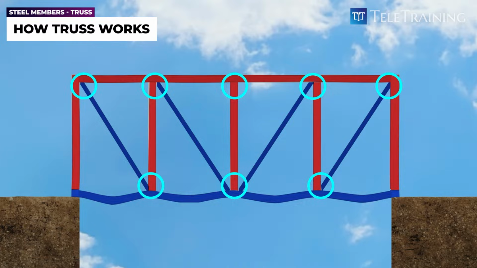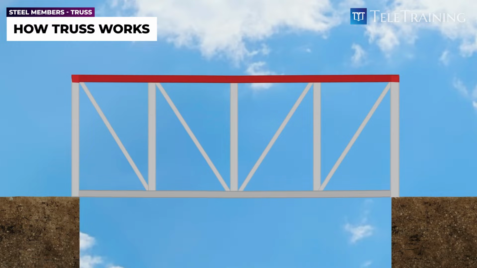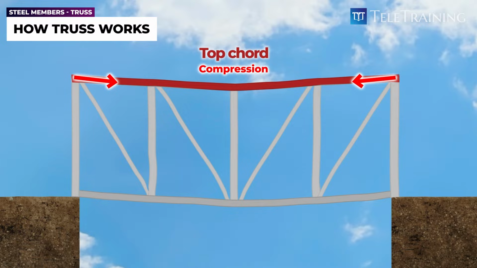Now, let's examine what happens when a load, such as the weight of the floor and people and cars on top, is applied to a truss. In this situation, the members in the top row, also referred to as the top chord, will be in compression. This is similar to the top layer of a beam when it sags between two supports.